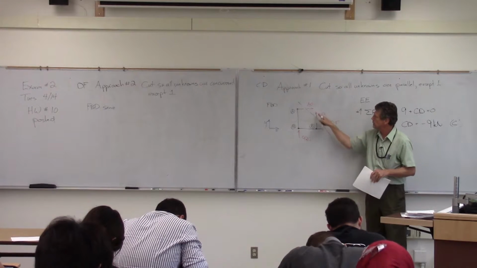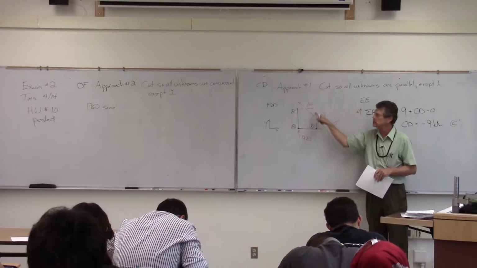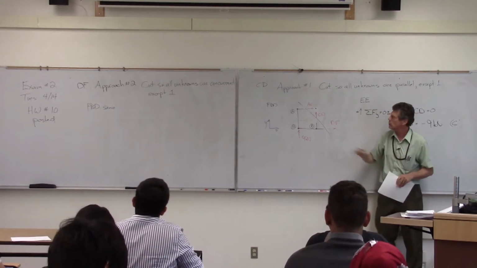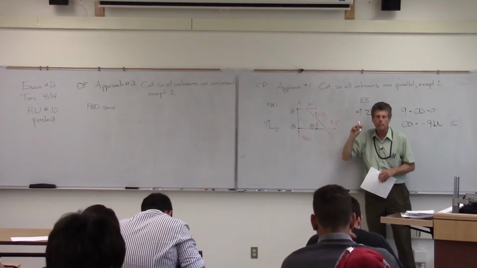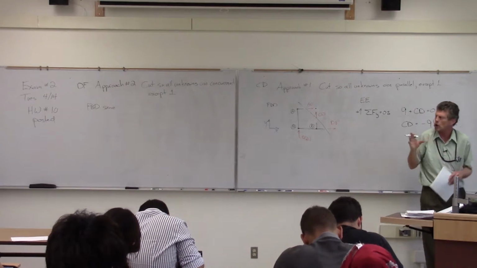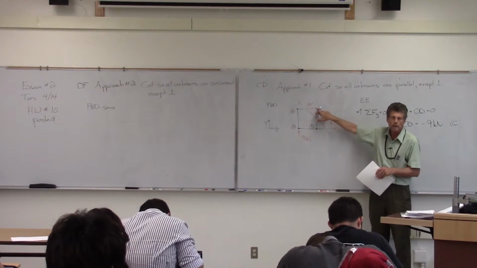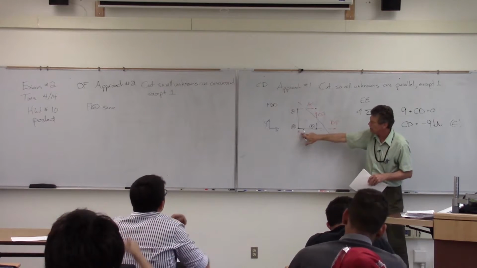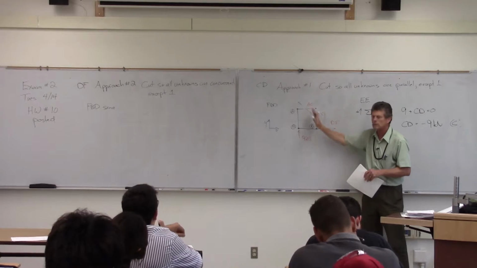And if I don't really want to find AC or CD, I can take my moment about this point, which implies approach 2 there. The approach 2 basically says that those two are concurrent, so they would not participate in a moment equation. So the only two that would participate in a moment equation is the 9, because it's that many over.